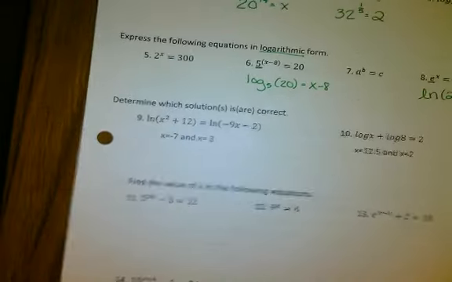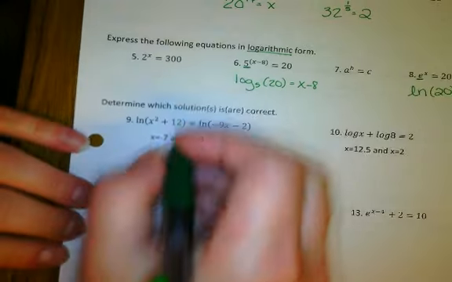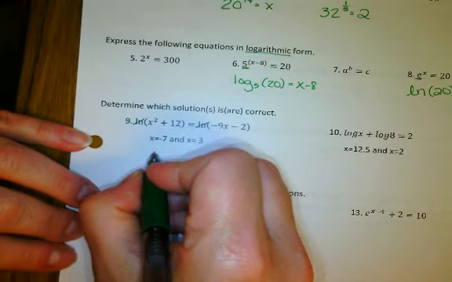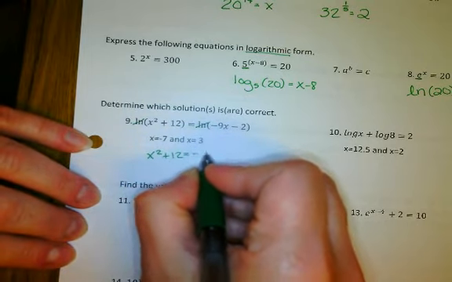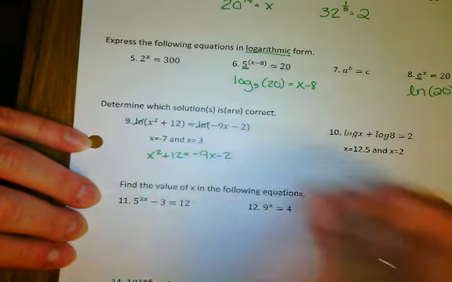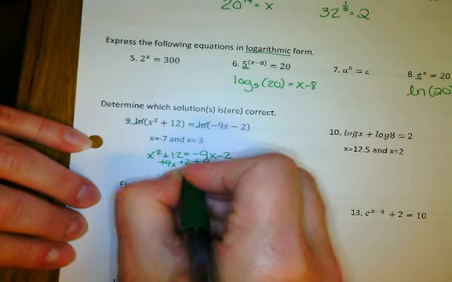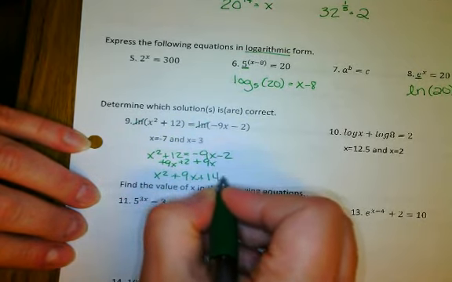Okay, on the next one here, you're just determining if there are solutions or not. Sometimes the easiest thing is to just substitute them in, or you could solve them. If I cross that out, that gives me x squared plus 12x equals negative 9x minus 2, and that gives me x squared plus 9x plus 14 equals 0.